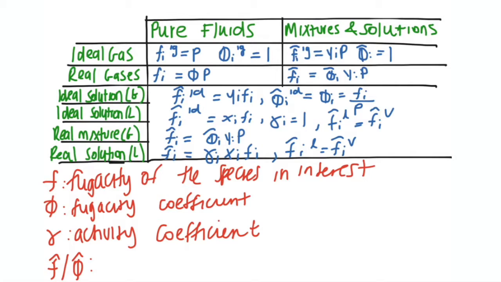You should check that out because you will need to know that. And then the last two I have, you can see that it's the F for fugacity and the same symbol as the fugacity coefficient, but they are the fugacity and the fugacity coefficient of a species in a mixture. That's what the little chapeau, the little hat on top, means.